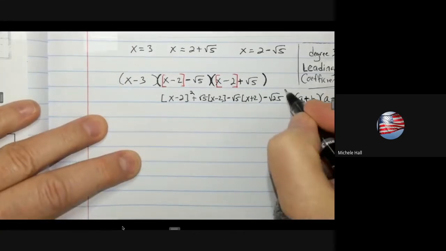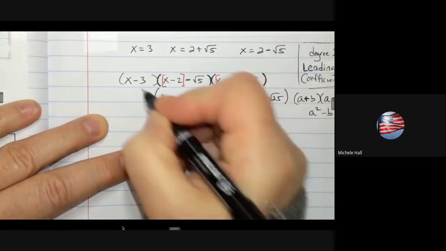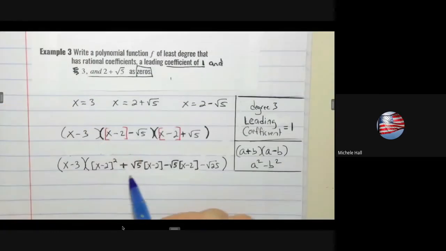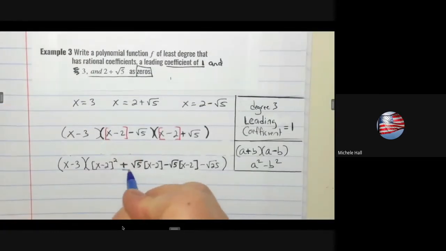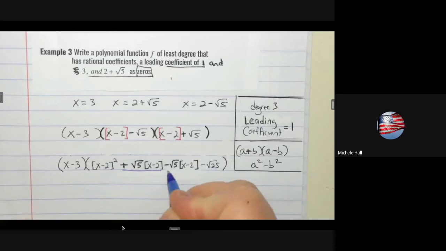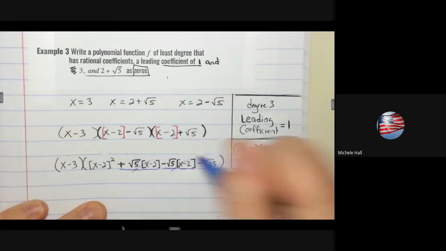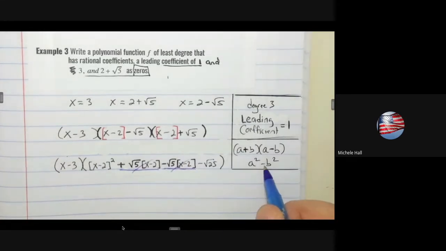We still have x minus 3 out front. Here we see that we have the positive square root of 5 and the negative square root of 5 times x minus 2. Those are going to cancel, just as we expected, with the difference in sum.